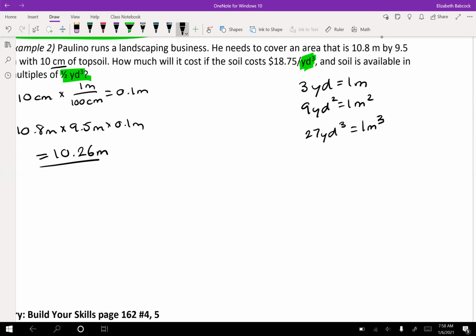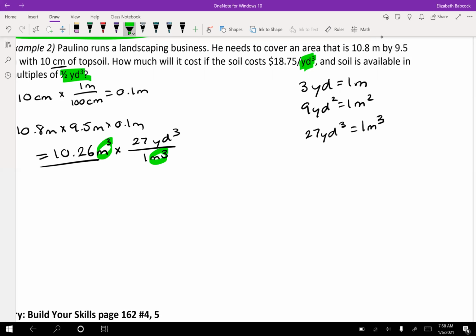So then we go on to calculate out what we have. So 10.26 times 27, this was cubed, 27 yards cubed and 1 meter cubed. I do it this way just so it's easier to figure out whether we're multiplying or dividing, because the unit that we originally have has to be the unit on the bottom.